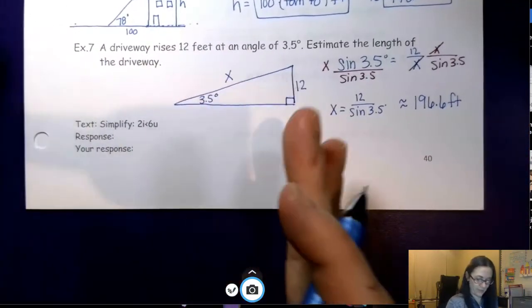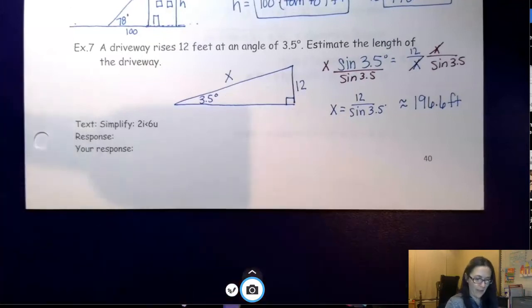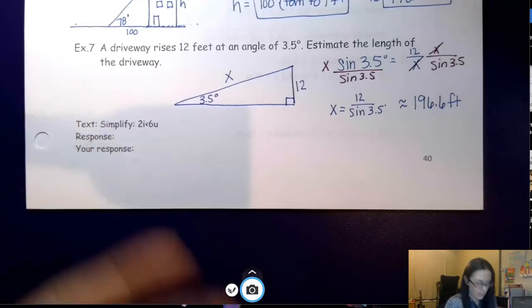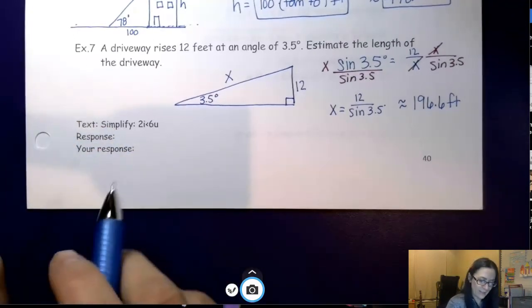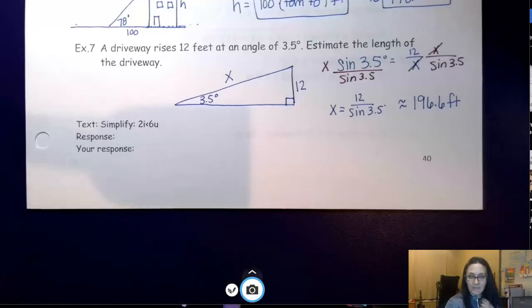Now, this little one is just for fun, because we're usually around Valentine's Day when we're doing our notes here. If there's somebody you're interested in and you want to send them a message, text them, simplify this. Simplify it before I tell you the answer. They should respond back, you know.